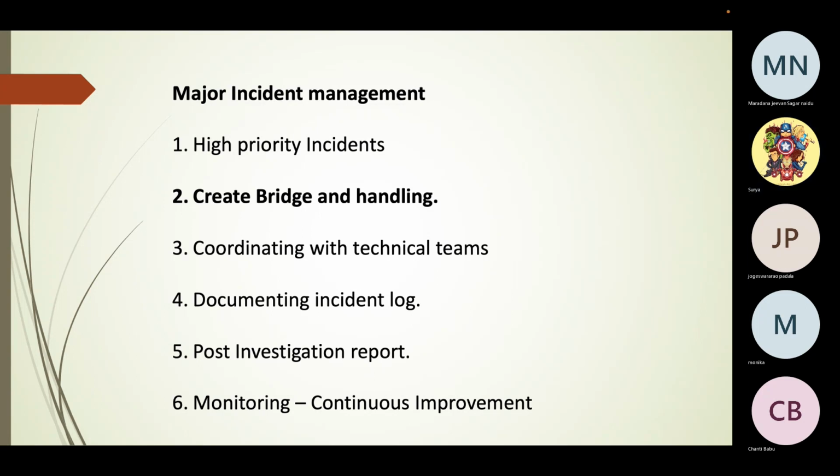Yogi, I think J1 has also joined this call. Fine then. There are 5 priorities, sir. Yes, there are 5 priorities for an incident: P1, P2, P3, P4 and P5.